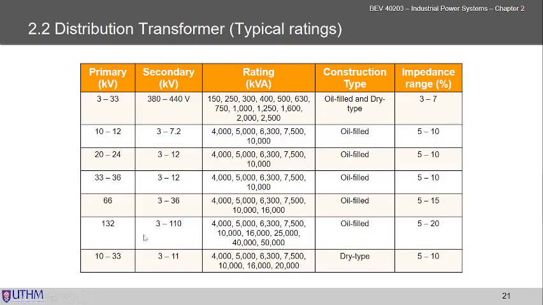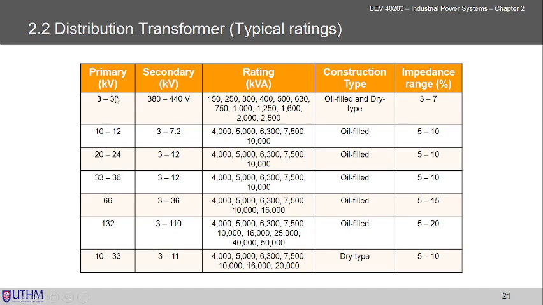And this is the typical ratings when you are going to choose your distribution transformer. This is very useful, especially for your project as well, so you need to refer to these tables. The first column is the primary: what is the primary kV? The second column is the secondary kV.